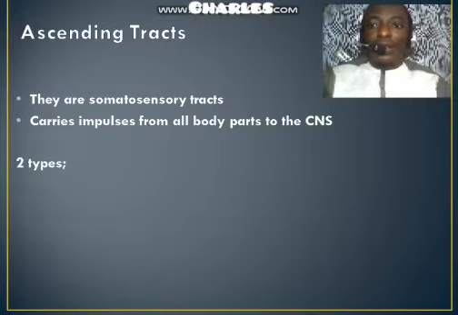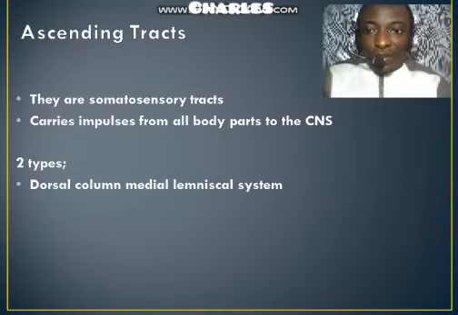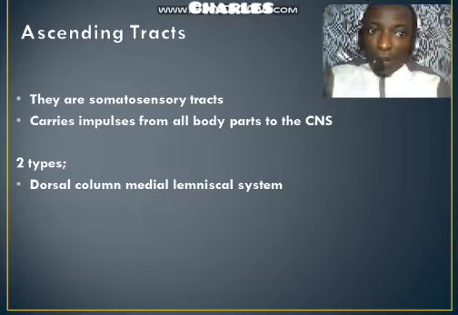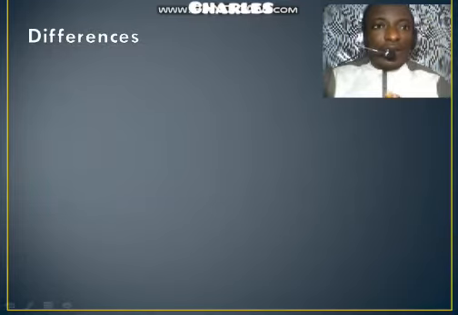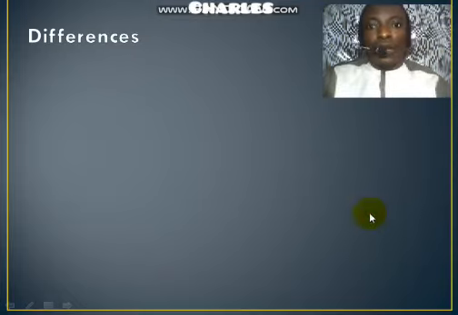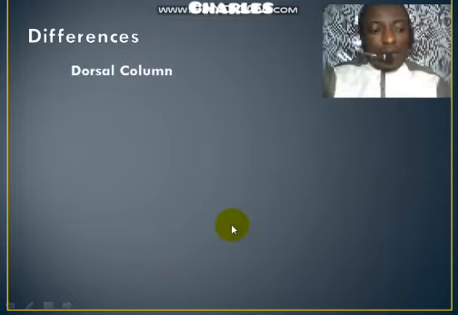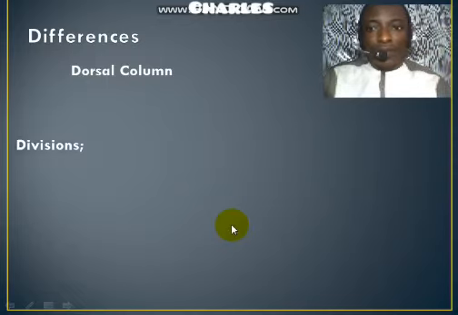Now, there are two subdivisions of the ascending tracts. The first one is known as the dorsal column-medial lemniscal system or pathway. The second one is known as the spinothalamic, or anterolateral, system. Let's look at the differences between the two pathways. We'll begin with the dorsal column-medial lemniscal system.